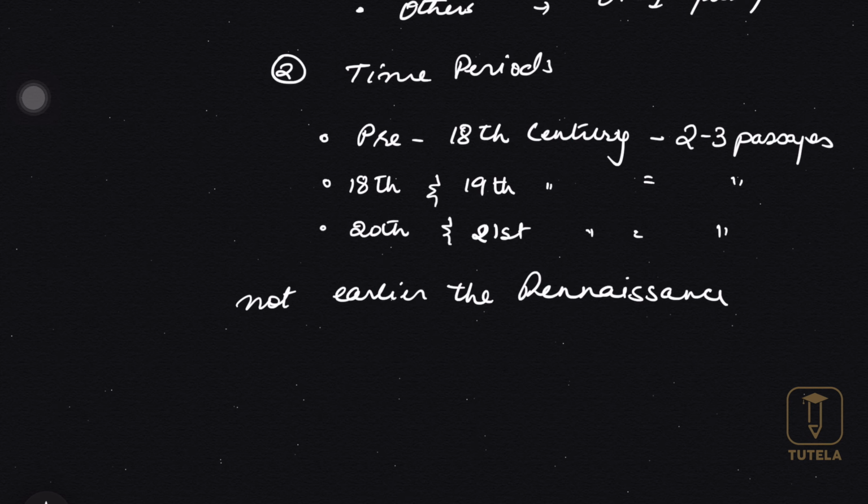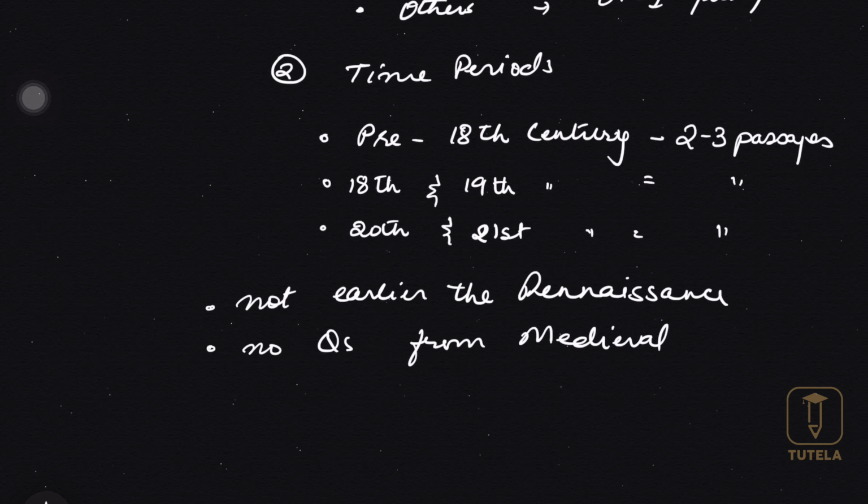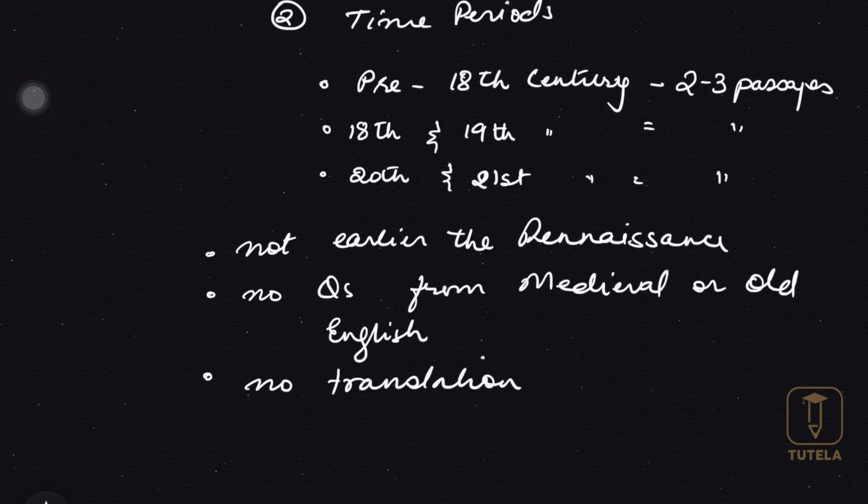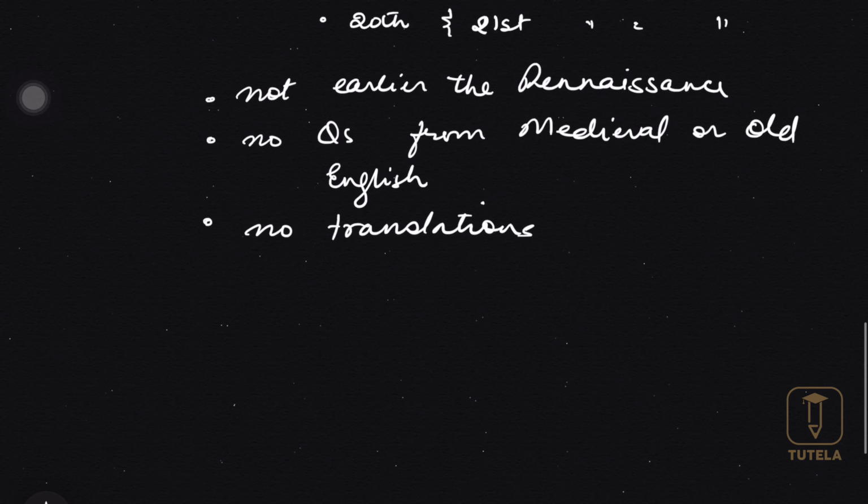Then you will not find any question from the medieval or Old English period. So no Chaucer, no Canterbury Tales, no Beowulf. The other thing that you need to remember is that you will never find any translation. No translated works are included in the test.